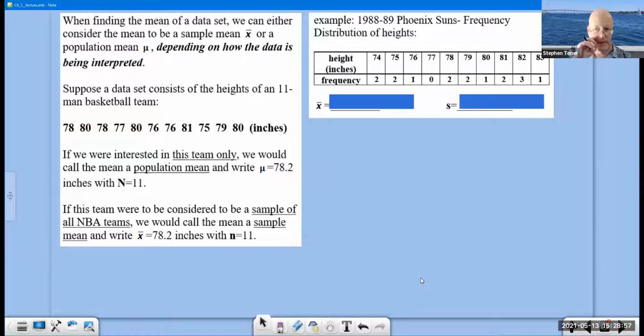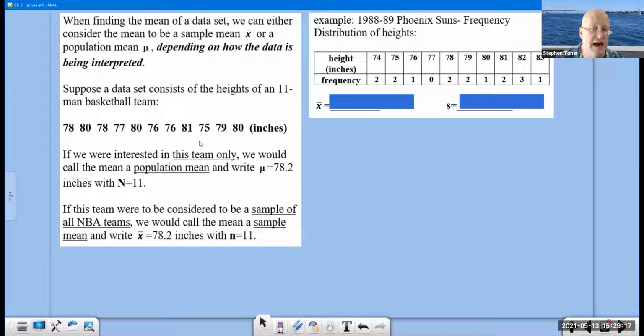Here we go. Now a little bit about this notation. When you are finding the mean of a data set, we can either consider the mean to be a sample mean, x bar, or a population mean, mu, depending on how the value is being interpreted.